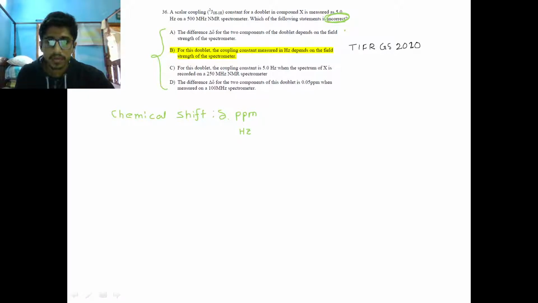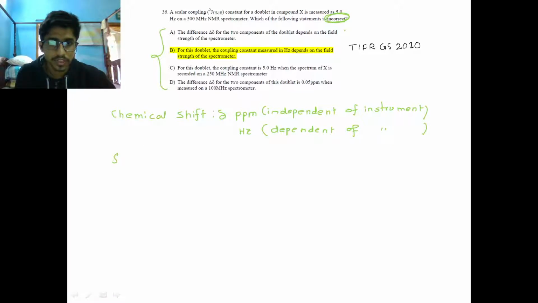The ppm unit is independent of instrument, but the Hertz unit is dependent on instrument.